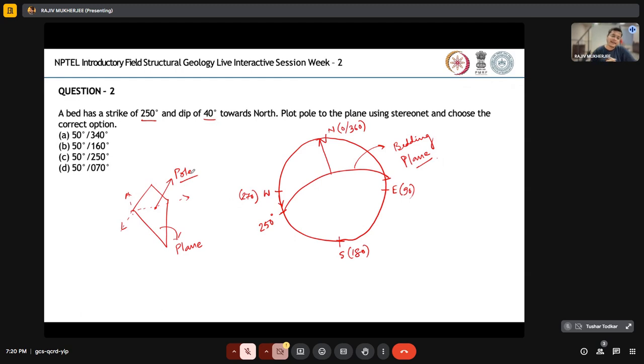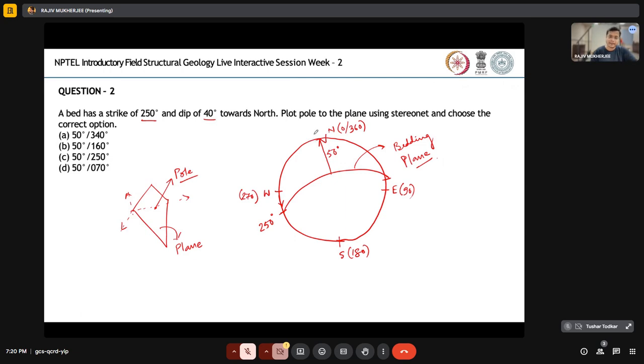And that would be exactly 90 degrees opposite. I mean, it will be 90 degrees to the plane, right? So if I just count 90 degrees from here, so obviously this much amount is 50 degrees. So how much do I need to go to 90?